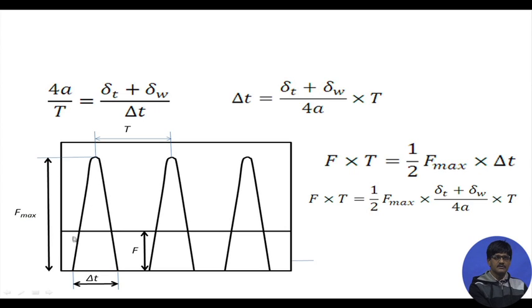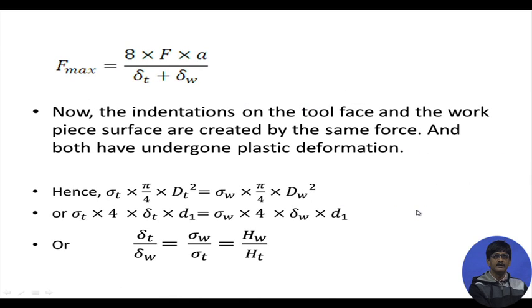By assuming this to be a triangle, we found its area, and within one particular cycle we equated force into time, that is impulse. From that we obtained the relation that F max is equal to 8 into static force into the amplitude divided by the sum of the indentations on the tool and the workpiece surface.